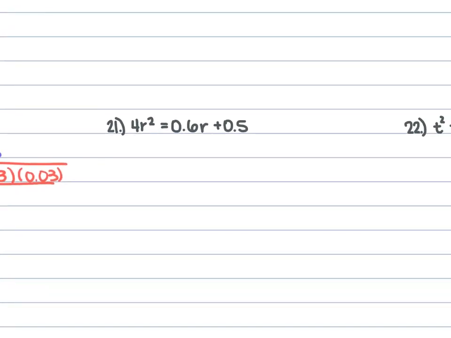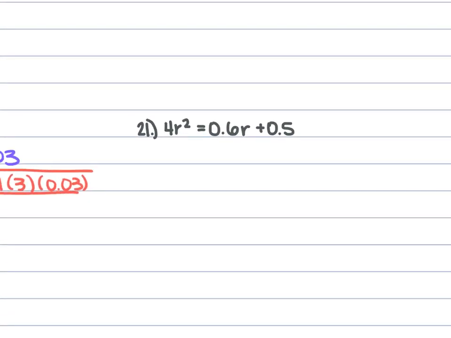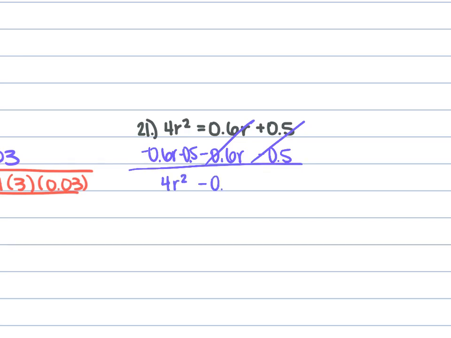For 21, we have 4r squared is equal to 0.6r plus 0.5. So we're going to subtract the 0.6r and the 0.5 from each side. And this is going to leave us with 4r squared minus 0.6r minus 0.5 is equal to 0.